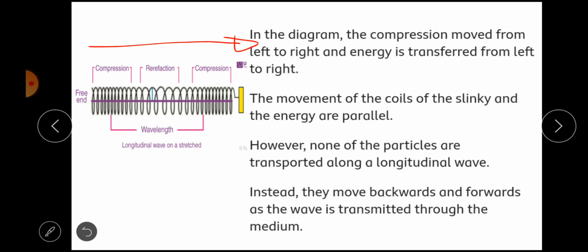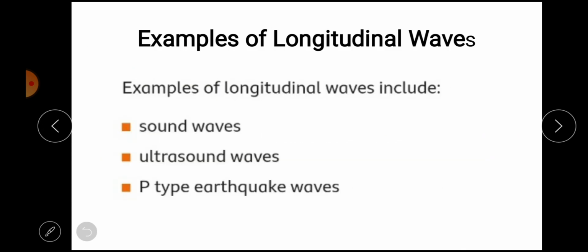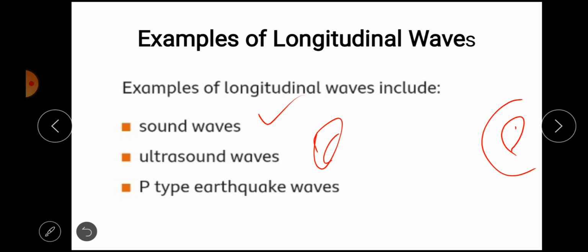Let's start by looking at examples of longitudinal waves. The common example is sound, and then we have ultrasound waves and P-type earthquake waves. When sound is moving from a source to the ear of a human being, there are air particles in between the source of the sound and the ear.